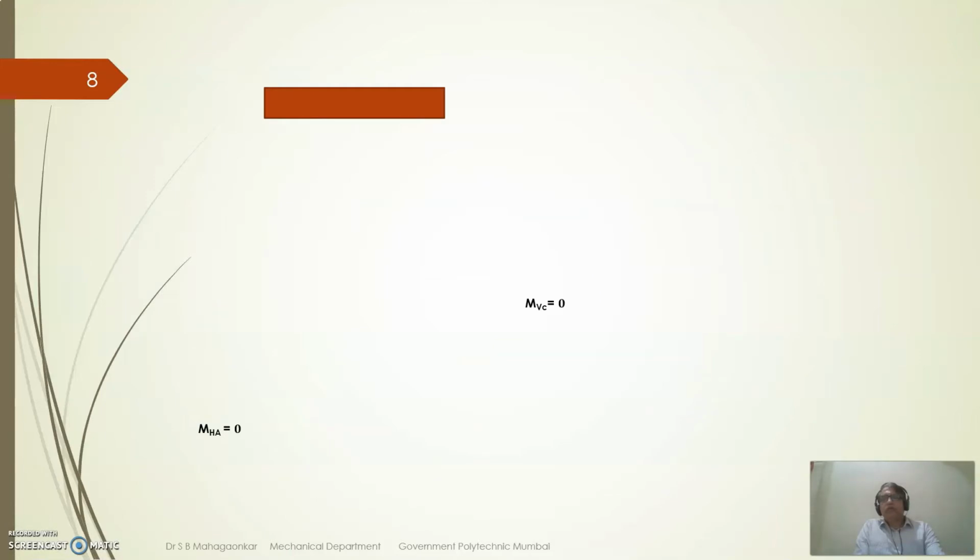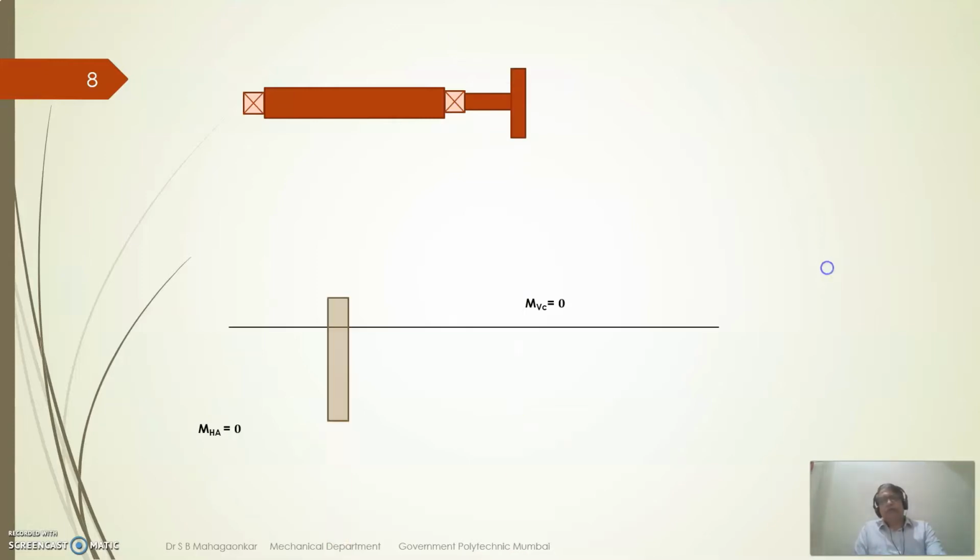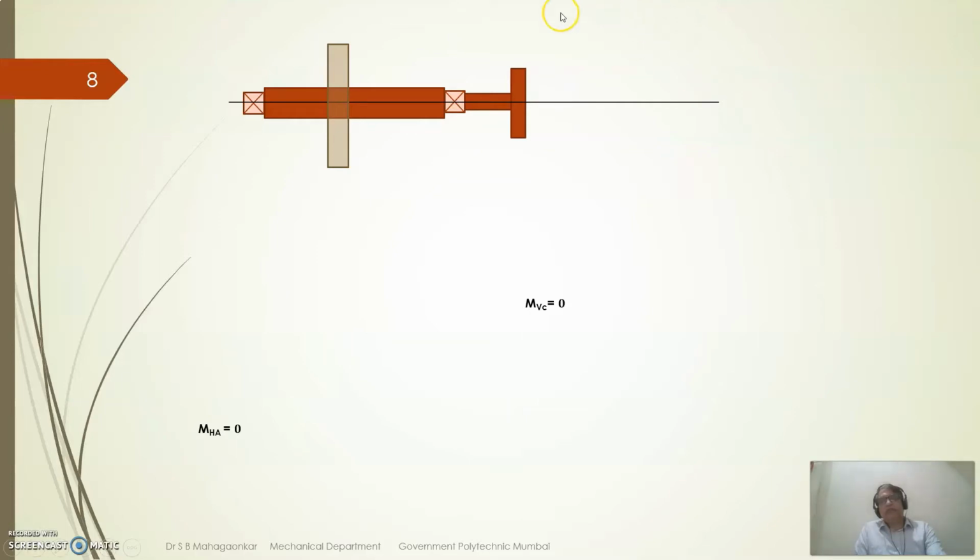Okay, so in this problem there is a shaft, supported in between the two bearings. This is a smaller pulley, and the larger pulley is over here, and the diameters of the larger and smaller pulleys are as shown.